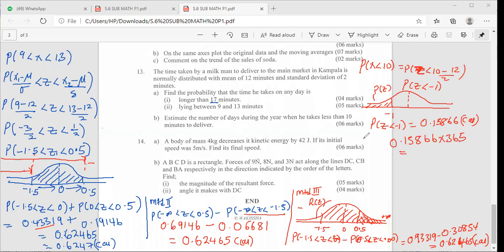How many days are these? 57.98. So this is approximately 58 days.